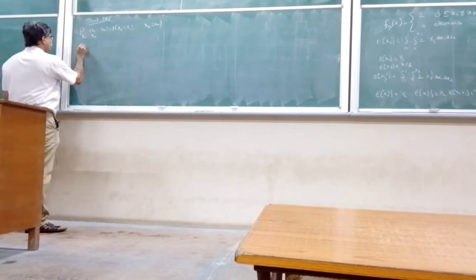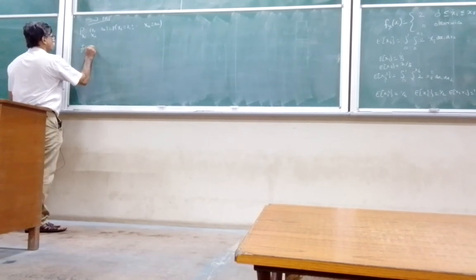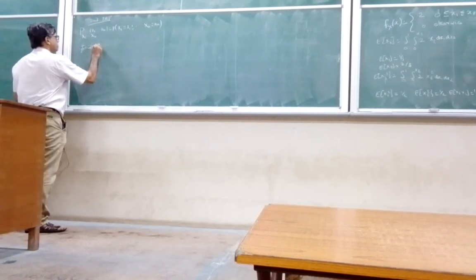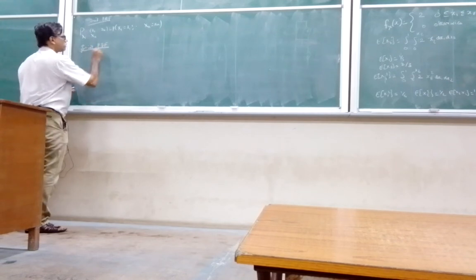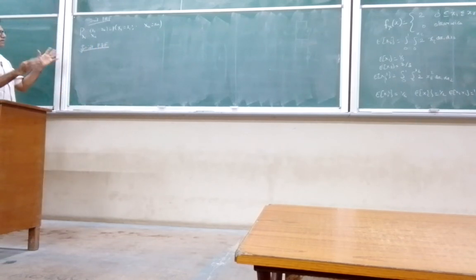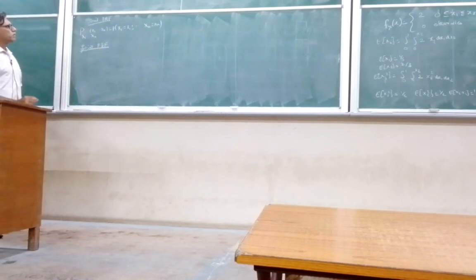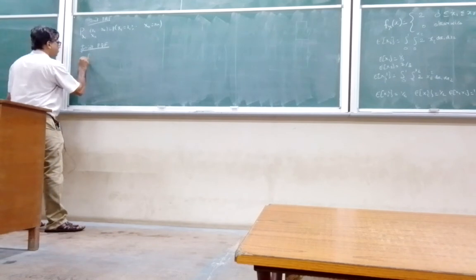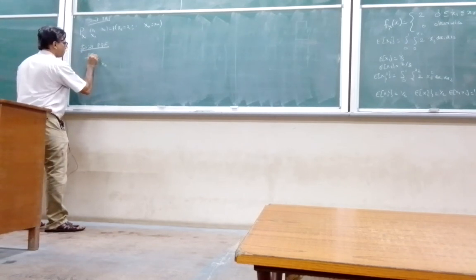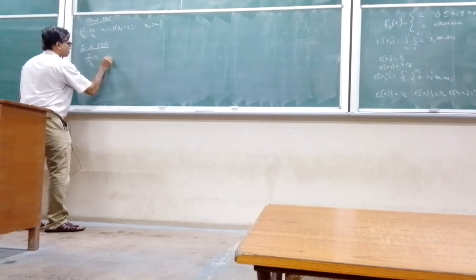If you then look at the joint probability density function, I am just writing the generalized notation, f of X1 to Xn evaluated at small x1 to small xn.